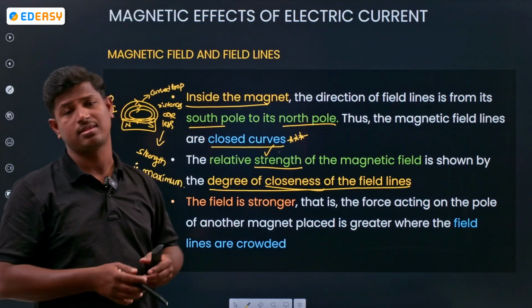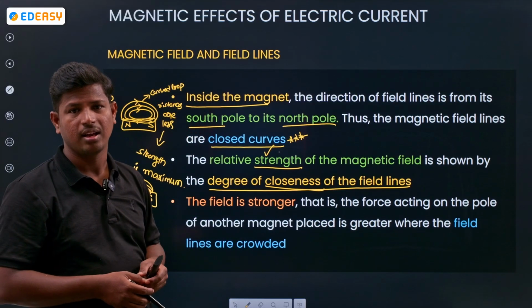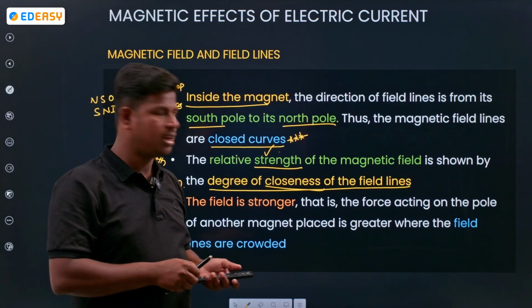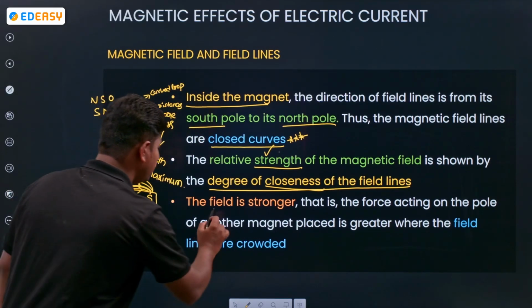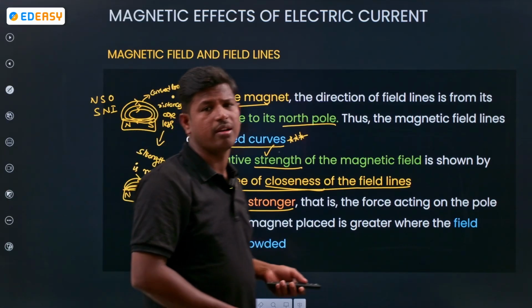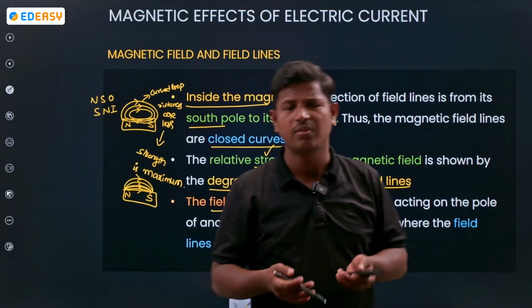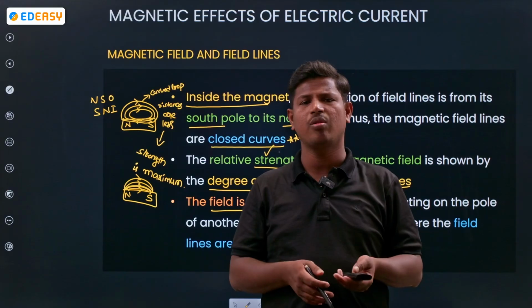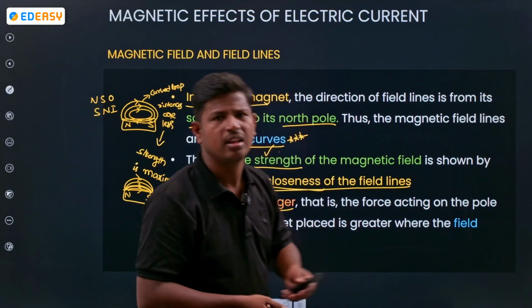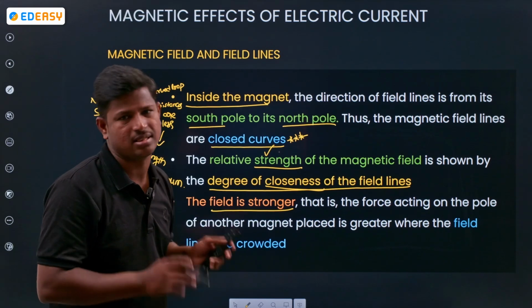How much closeness there is, that much attraction is there. Clear? Next, the field is stronger if it is crowded. If it is not crowded, there is a gap, a distance between one field line and another, and the field strength is that much less.